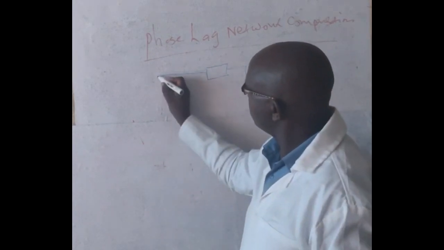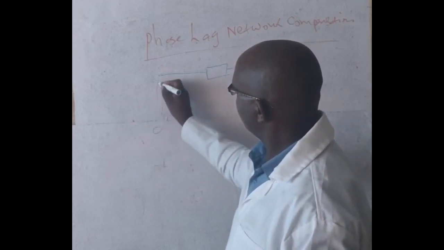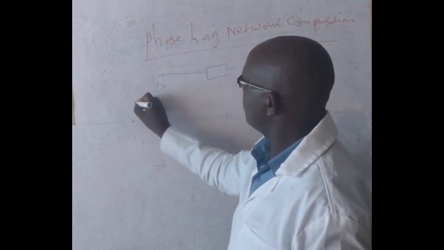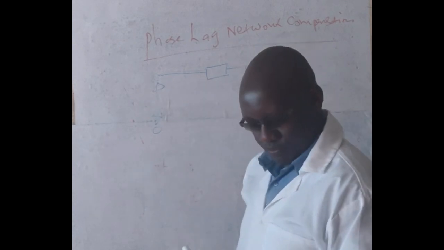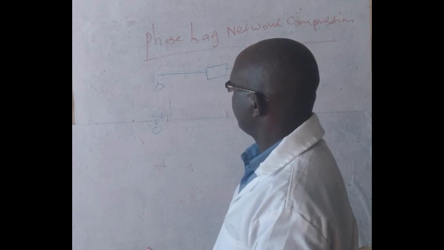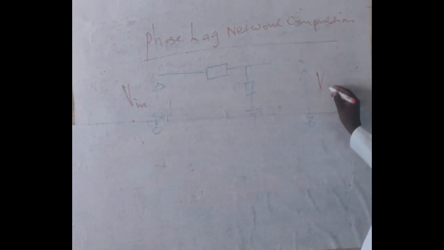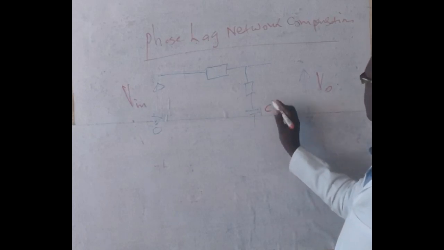The capacitor. So that is the wiring diagram of the phase lag compensation. It behaves like that. We want to derive the transfer function of the same system, and then we see how it appears.